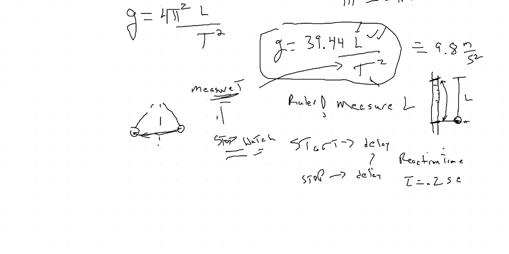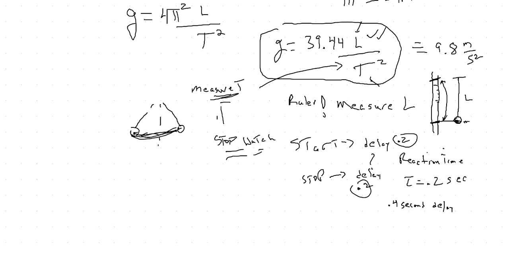Okay? So when you start, there'll be a 0.2 of a second delay. And when you stop, there'll be a 0.2 second delay. So 0.2 plus 0.2 would be a 0.4 second error or delay. It's really an error. Okay. Now, if the period, let's say it goes back and forth, it's not going to take much time.